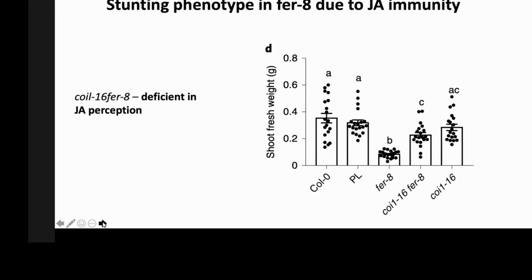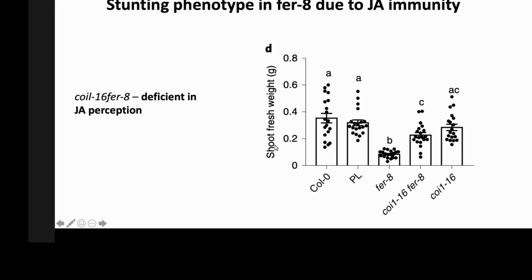So to test that hypothesis, what they did was make this COI1-16 mutant in a FER8 mutant background. So this double deletion, and this COI1-16 is known to be deficient in jasmonic acid perception.